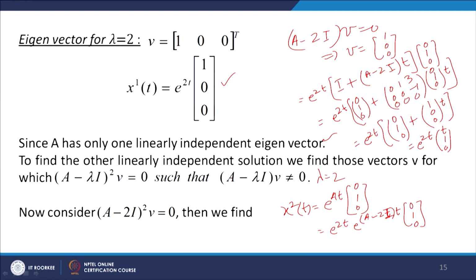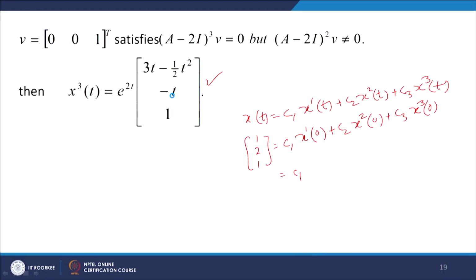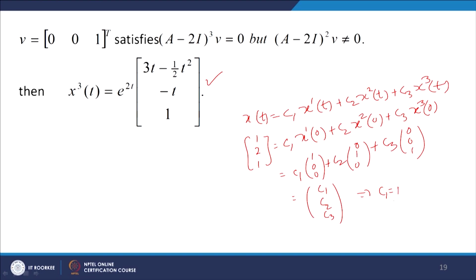You put t equal to 0 here. So, we get 1 0 0, and here you put t equal to 0, you get 0 1 0, and here you put t equal to 0, then you get 0 0 1. So, we get 1 0 0, 0 1 0 and 0 0 1. So, what we get is C1, C2, C3. So, then C1 equal to 1, C2 equal to 2, C3 equal to 1.